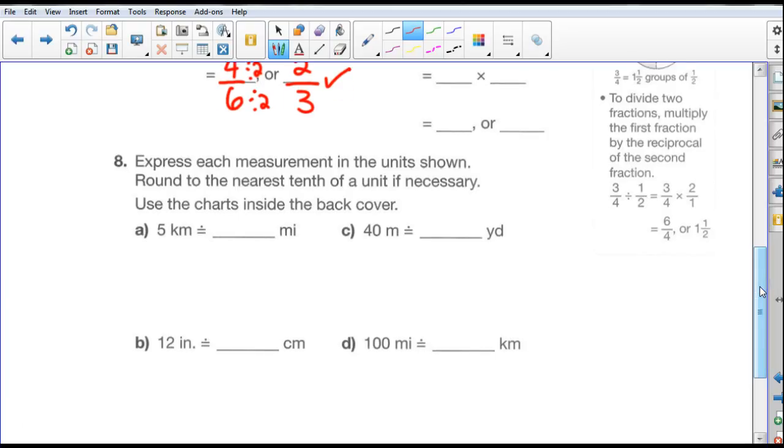Okay, number 8, express each measurement in the unit shown, round to the nearest tenth of a unit if necessary. Use the charts inside the back cover. Well, 5 kilometers is equal to how many miles? Well, we know that there's 0.62 miles in a kilometer, so I take the number 5 kilometers, I multiply that by 0.62 miles per kilometer, and I end up with an answer.